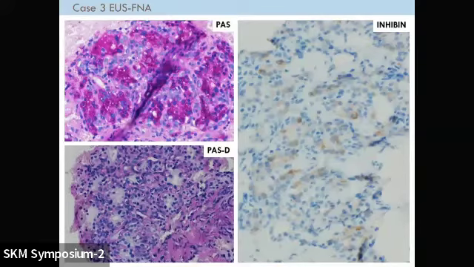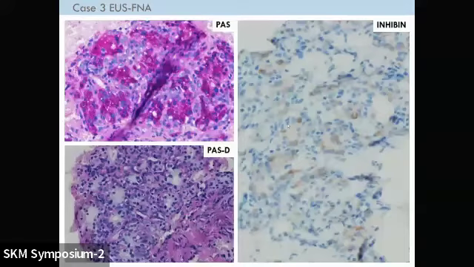Again, very nicely, you can see that these epithelial cells are very strongly positive for PAS. And this positive staining is washed away by diastase treatment, which clinches the diagnosis of this entity.